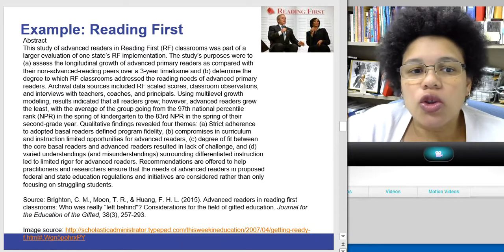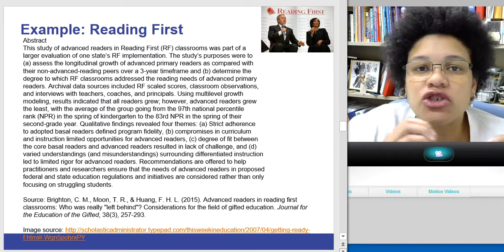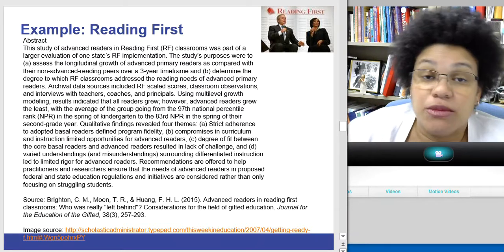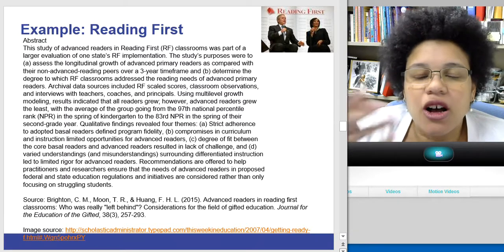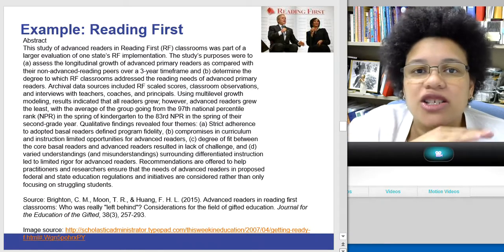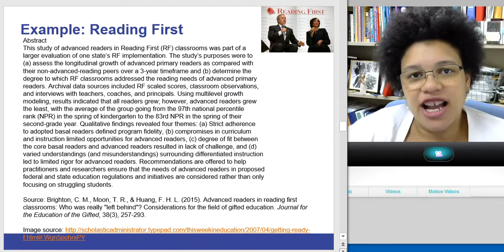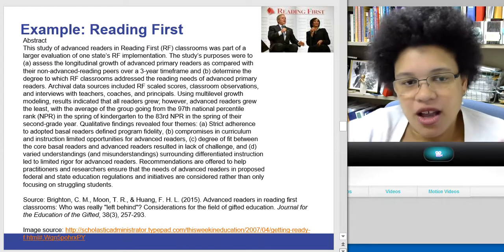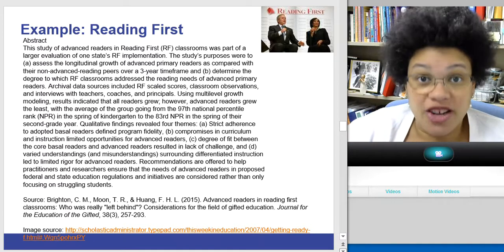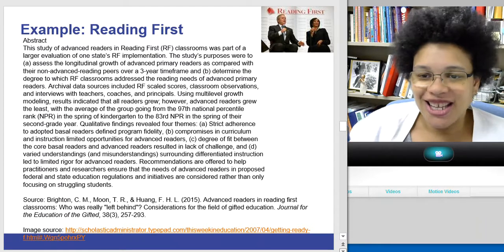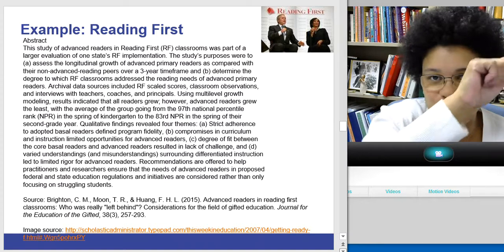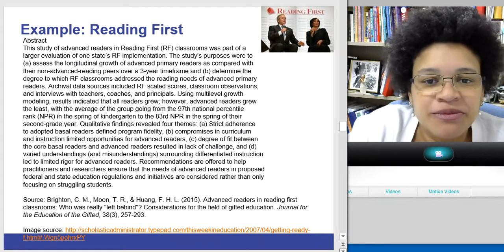So when we're talking about longitudinal growth of a specific subject area, in this case reading, often we get achievement scores at various time points for groups of kids, right? And that's the quantitative part. And hopefully, the graph is going up. There's growth happening, there's learning happening.